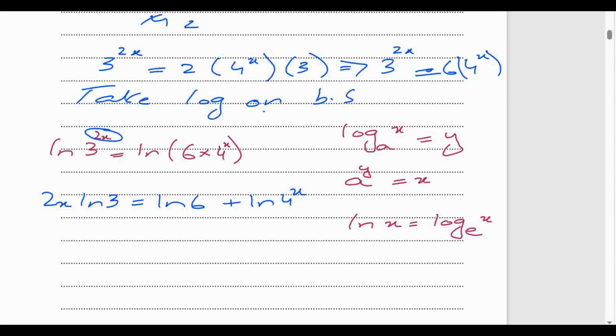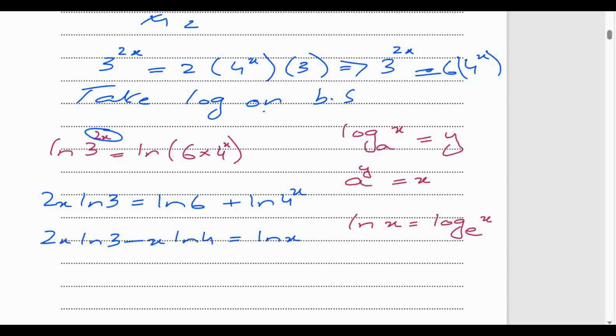Now from here we can further write it, again we can apply the power rule. So we can write it as 2x natural log of 3 minus x into natural log of 4 is equal to natural log of 6.